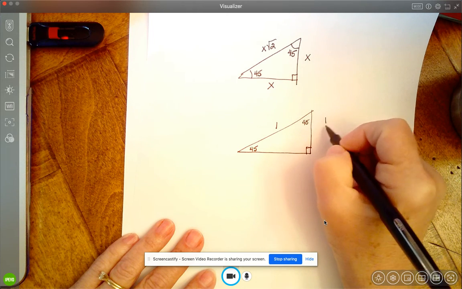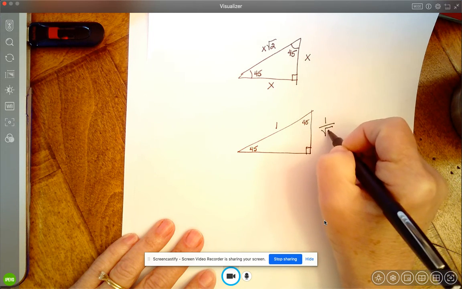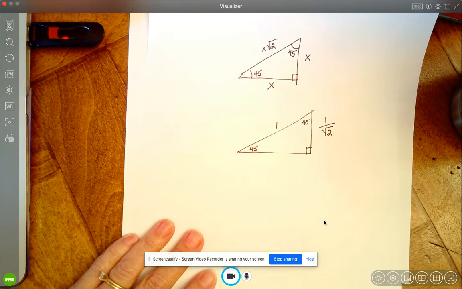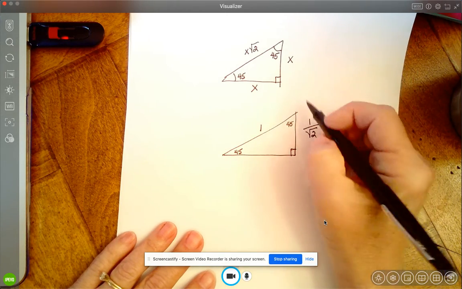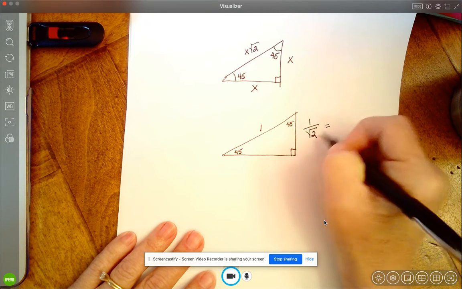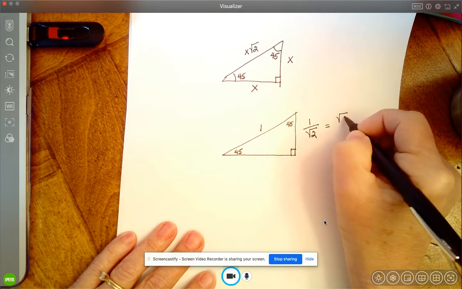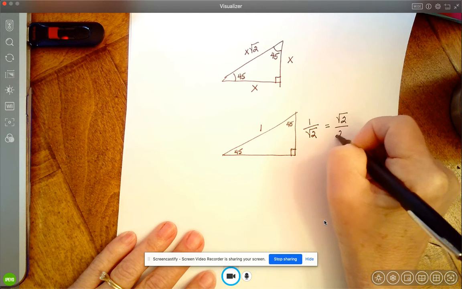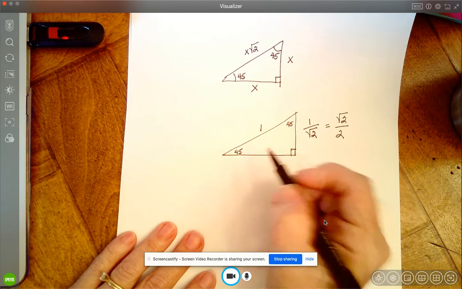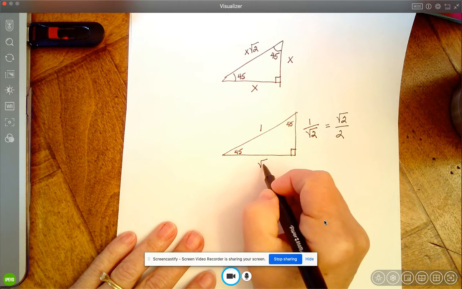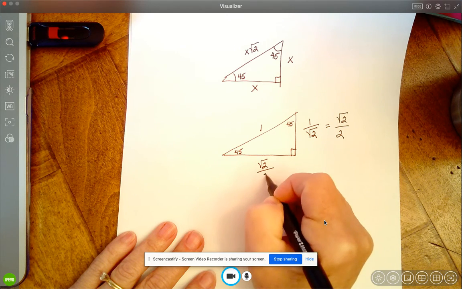So 1 divided by the square root of 2. Now you know that we can't have a radical in the denominator, so if I multiply the top and bottom, I have the square root of 2 over 2 when I rationalize this. So this one has to be the same, the square root of 2 over 2.